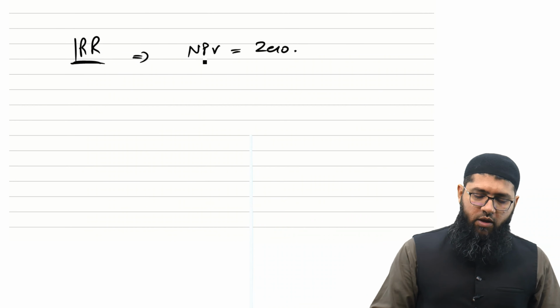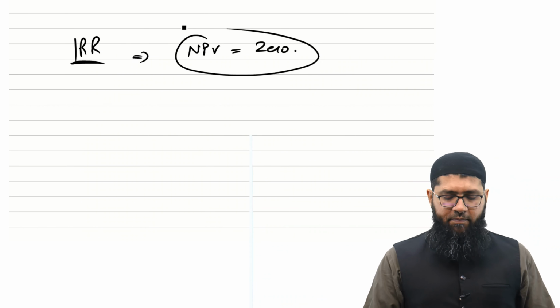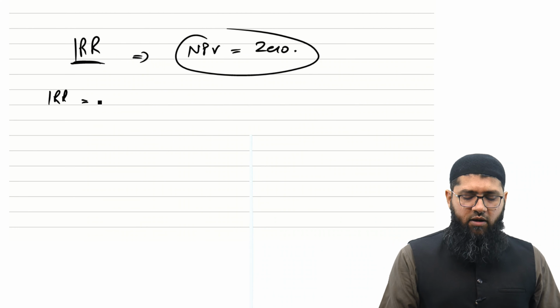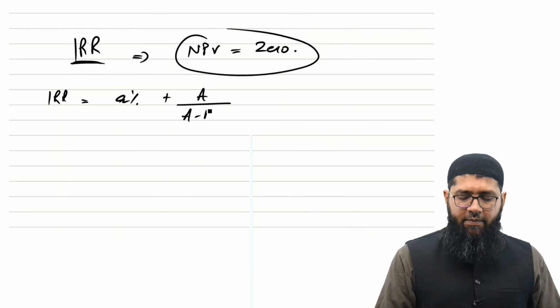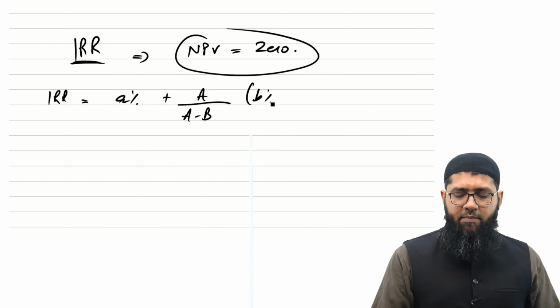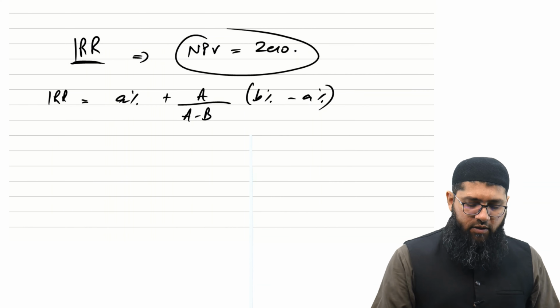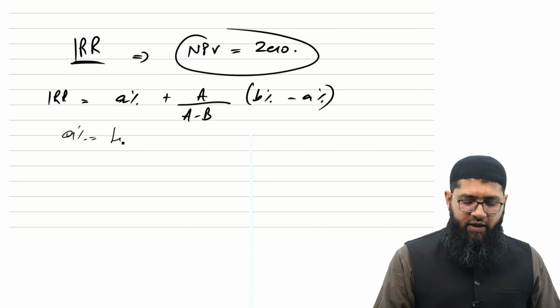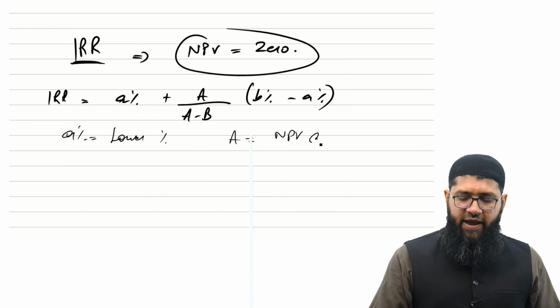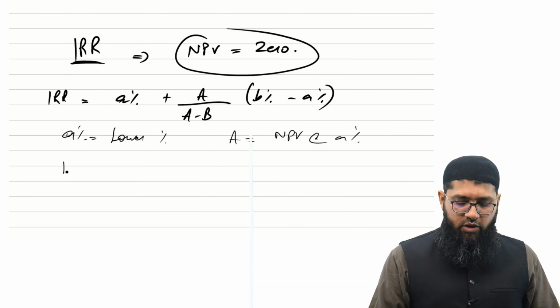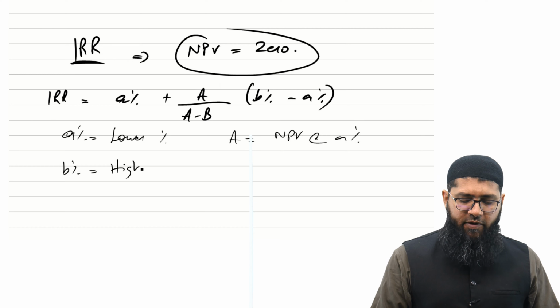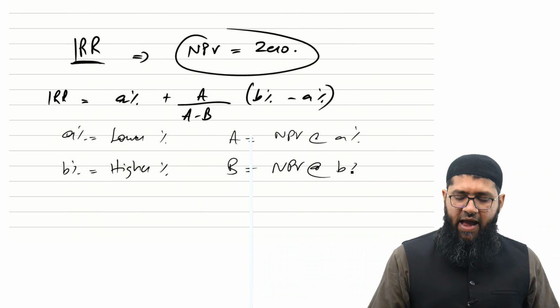So IRR is the discount rate at which NPV is 0. IRR is calculated using the formula A% plus capital A divided by capital A minus capital B, multiplied by B% minus A%. Where A% is the lower percentage, capital A is the NPV at A%, B% is the higher percentage, and capital B is the NPV at B%.